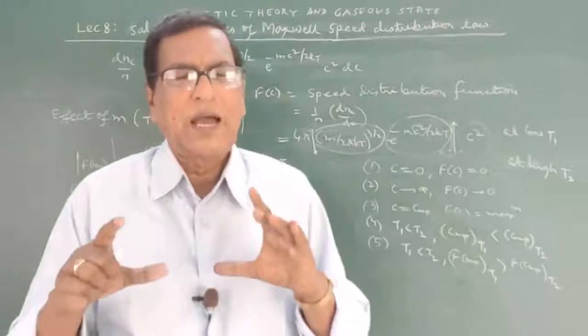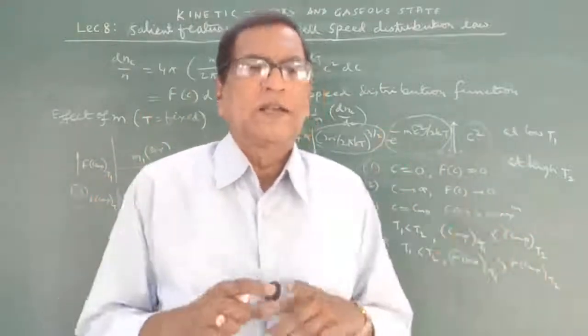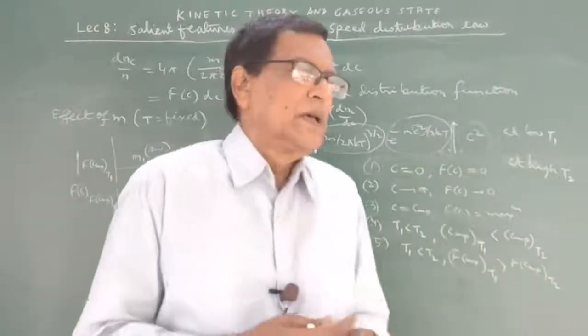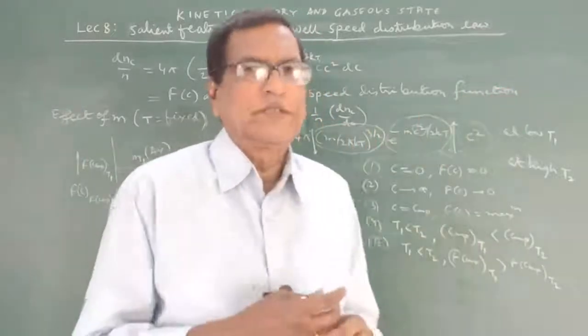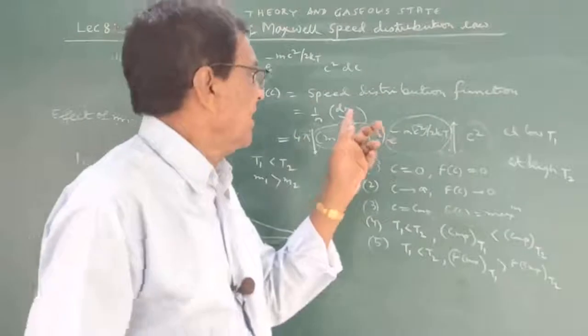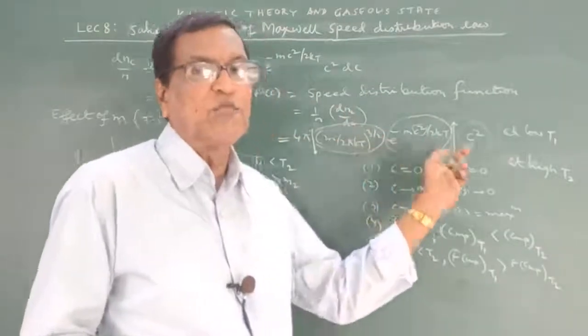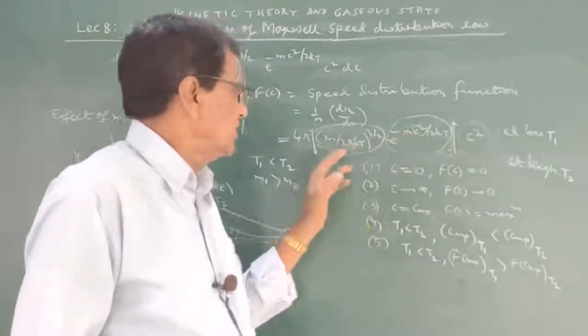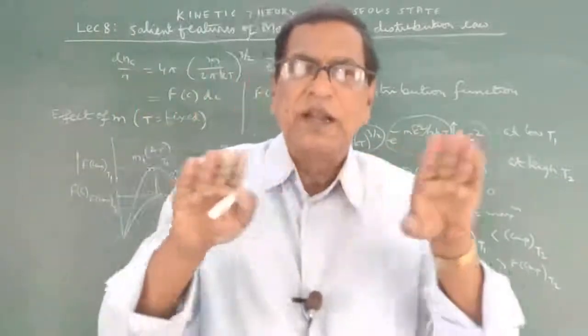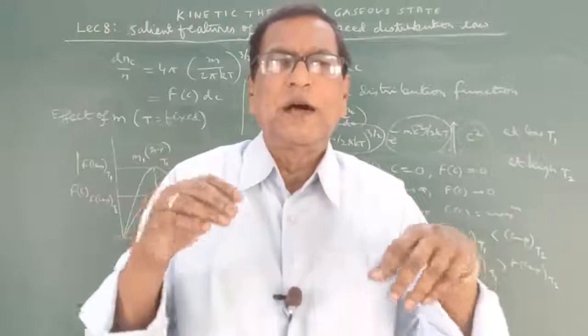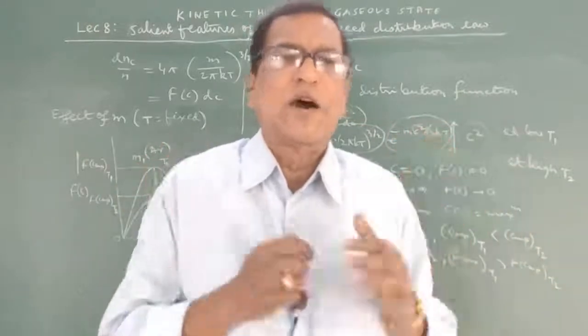So I have tried to explain all the salient information which is mysteriously hidden within this formula. If we draw this diagram, then all this hidden information comes out and becomes very clear to us.